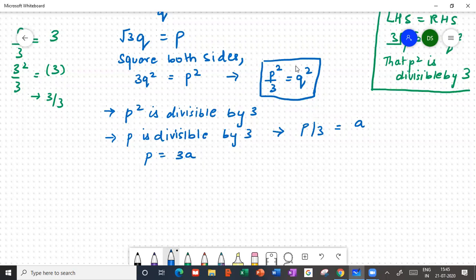We substitute this value. Shall I name this 1 and this 2? Substitute 2 in 1.